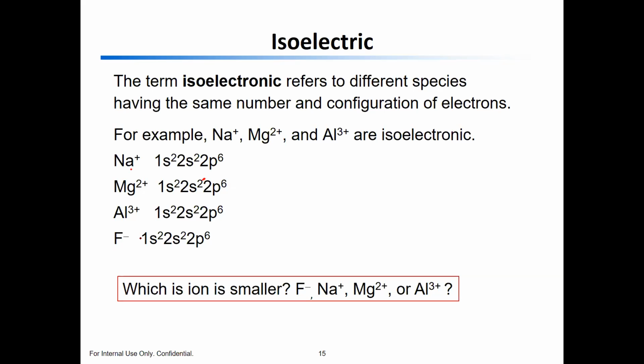So here's a question, which ion is the smaller? Out of all these, which is the smaller one? Or are they the same size? If they're all identical, wouldn't they all be the same? Okay, that's one answer. They might be all the same.